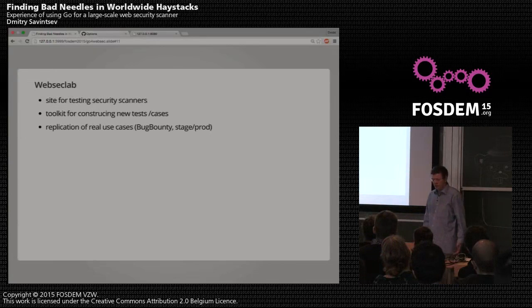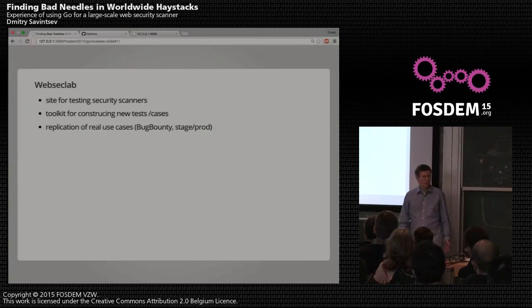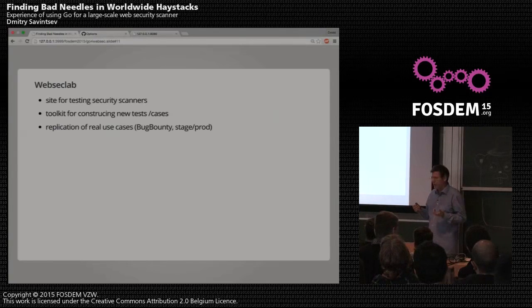It is a site for testing web security scanners such as XSS scanners, and it's similar to, I think the idea was in the air, the recent Google open source Firing Range, so it's a similar idea, but that one is in Java. I also think of this not just as a site that has a few vulnerable pages, but also a toolkit for constructing new tests, so that it would be easy, when you need to explore something or show or replicate it, to put in a new test.